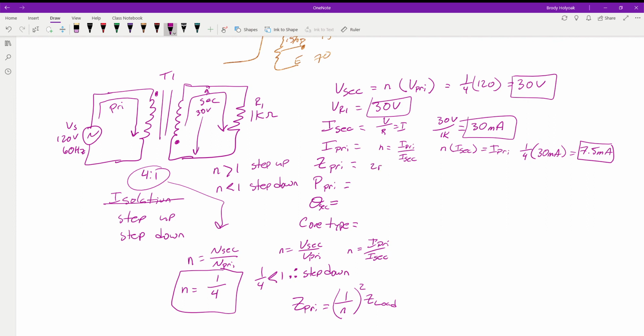Z primary is equal to 1 over N quantity squared times our Z load. So we have 1 over 5 squared times 1K. So we have 1 over 25 times 1K. Oops, that's 11K, not 1K.